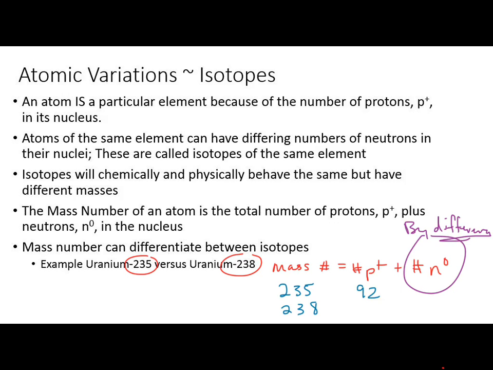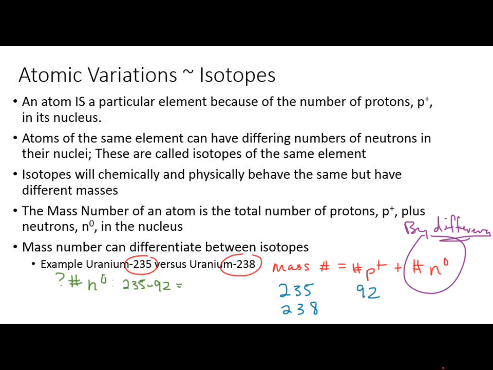If we pick on uranium-235, and the question is, tell me the number of neutrons in this version of uranium, all I have to do is take 235 minus 92. And I get 143.